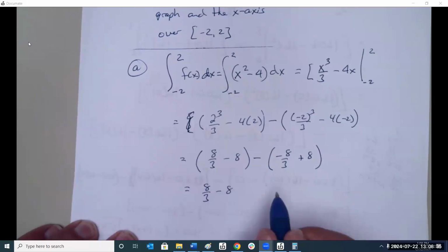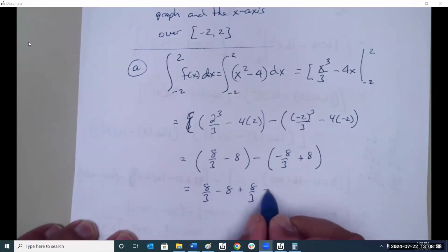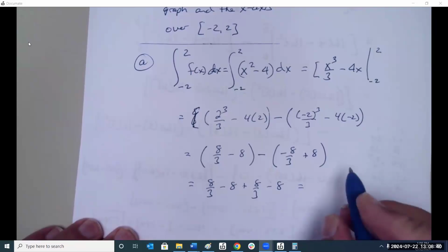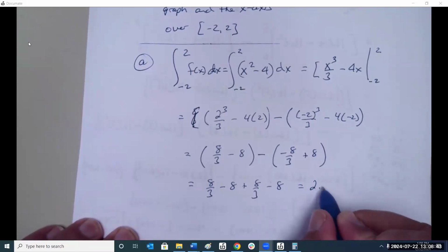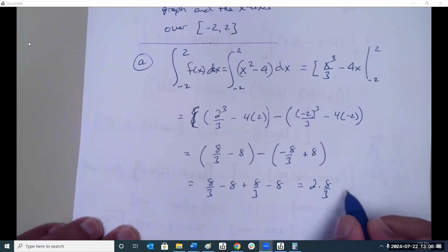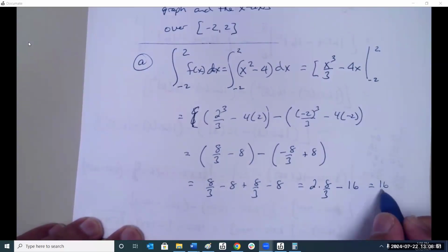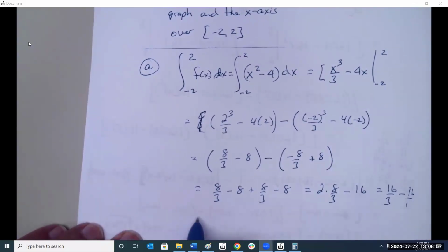That's 8 over 3 minus 8 plus 8 over 3 minus 8. 2 times 8 over 3 minus 16. 16 over 3 minus 16 over 1. We have 16 over 3 minus 48 over 3, which is negative 32 over 3.